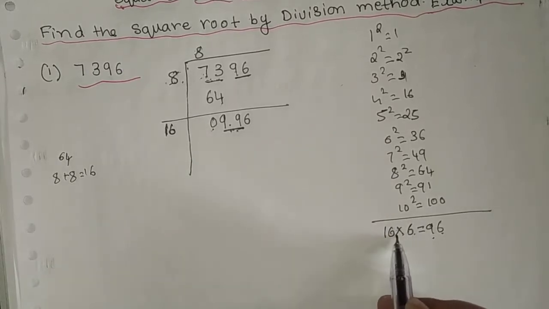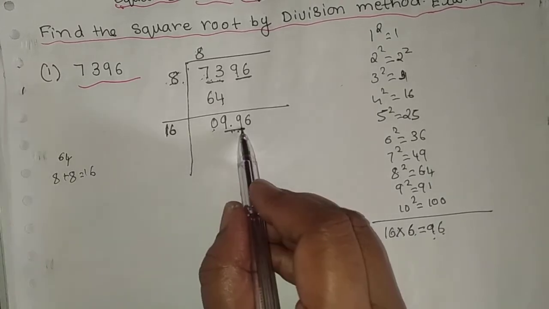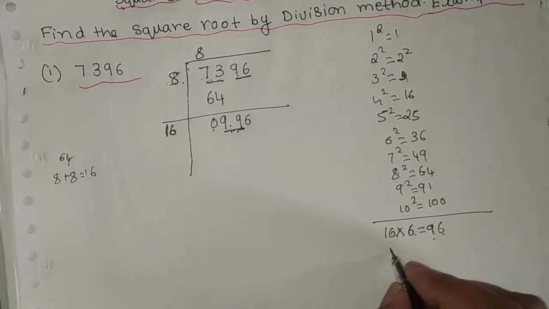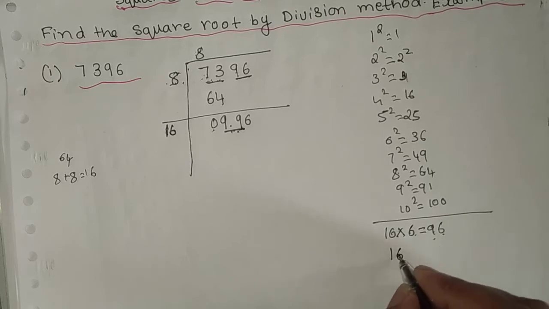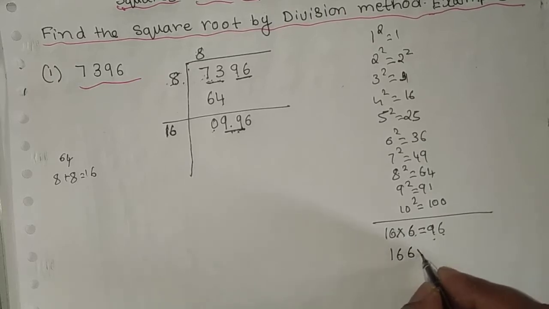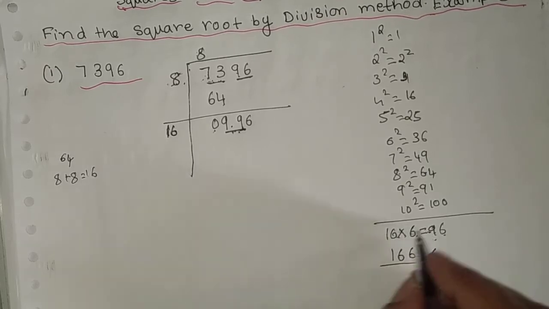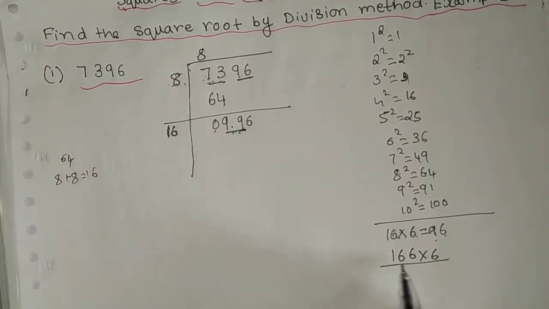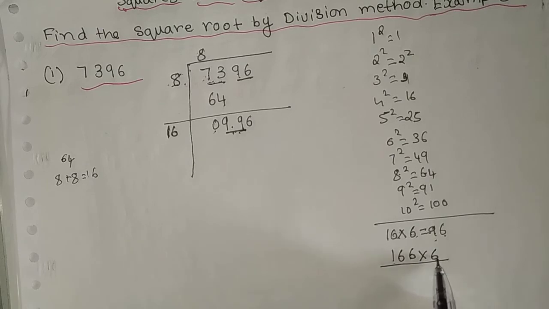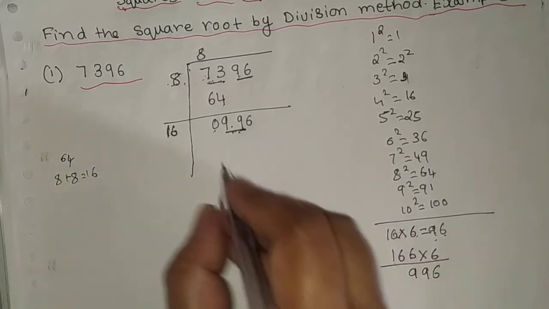That is 16 into 6. Now we write 166 into 6, so we multiplied again and found the nearest number. Again this 166 should be multiplied by 6. We will get the number as 996.